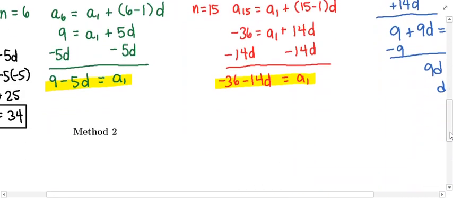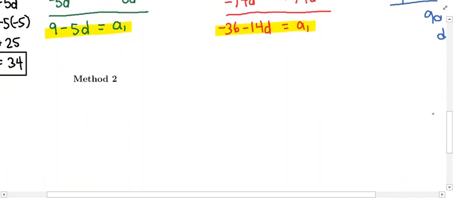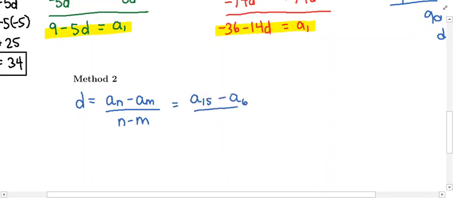When I look at this, I'm thinking of A6 as the mth term, and I'm thinking of A15 as the nth term. I know that I can get the common difference D by doing the change in Y over the change in X. In the numerator, this is going to be A15 minus A6, all over 15 minus 6.